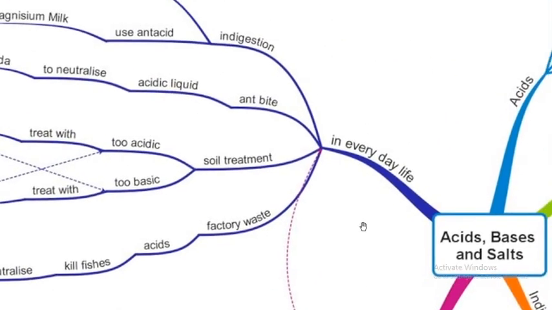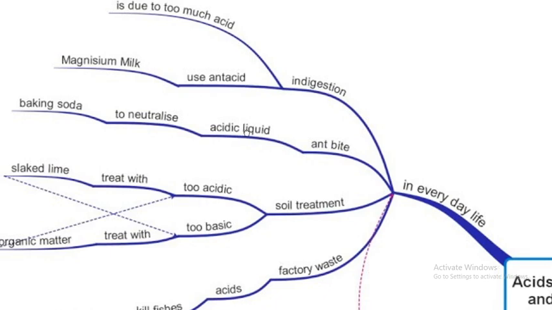Next, the uses of acids and bases, or neutralization, in our daily life. For example, people who are suffering with indigestion: this indigestion is caused by the excess release of acids in our stomach. To get rid of that, we take some antacids.